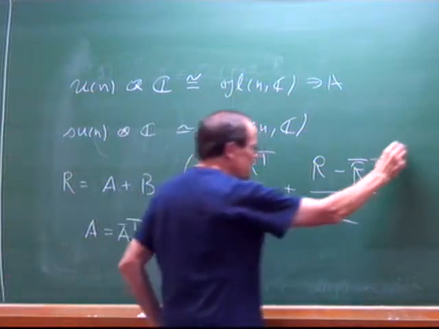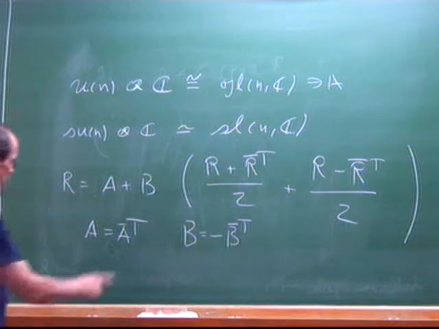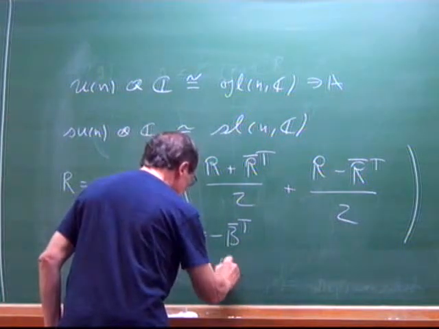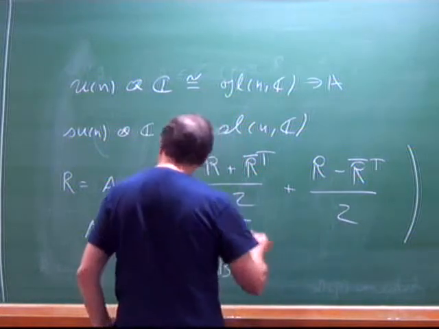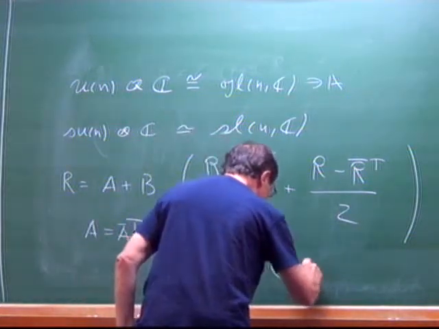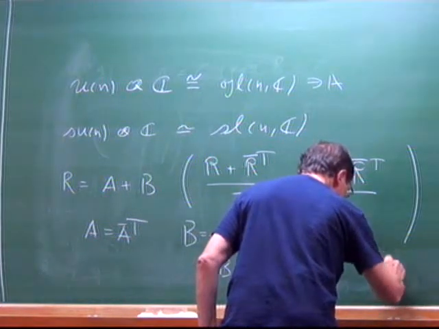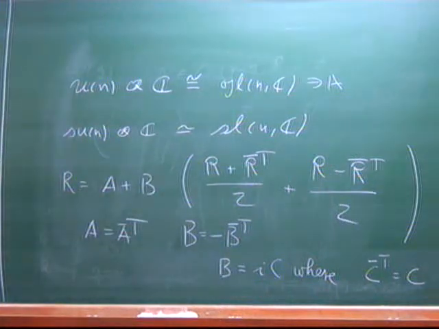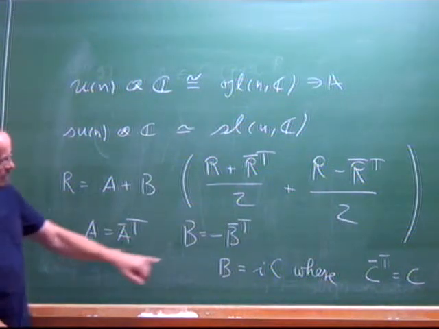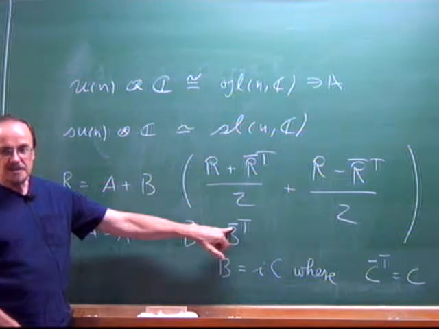And now you observe that if B is skew Hermitian, that means that the matrix B is of the form i times C, where C is Hermitian. I just pull out the i, and then since I have a bar here, it becomes Hermitian.